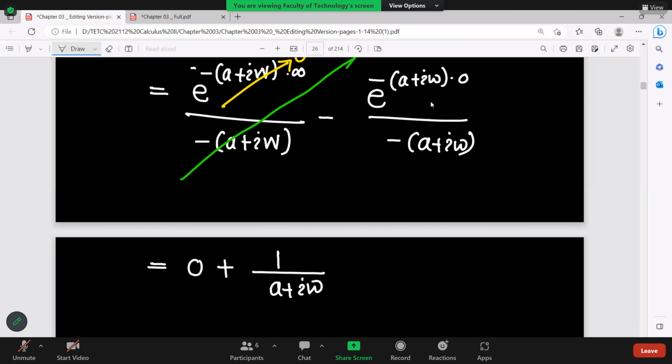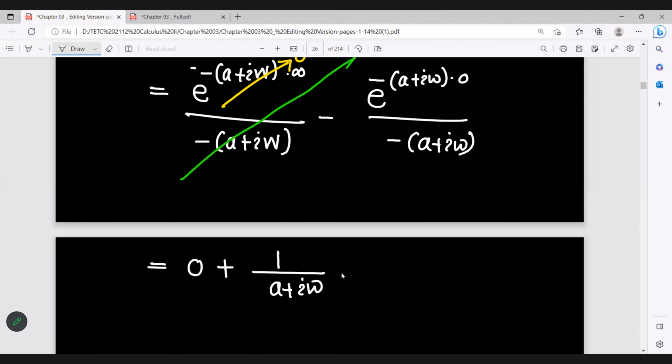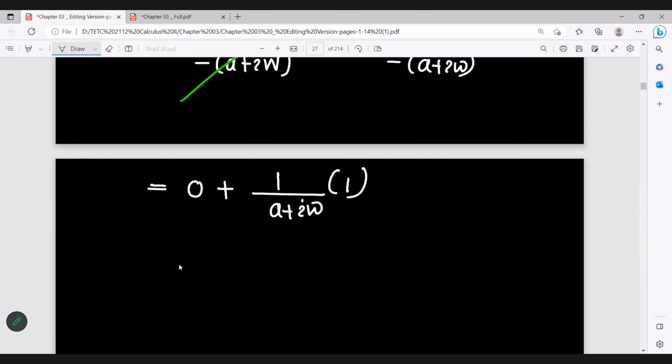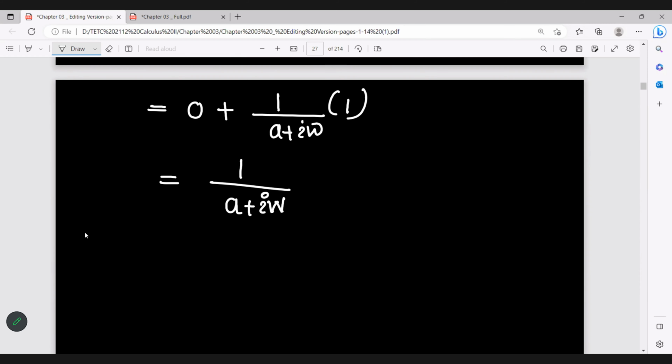And minus 1 over a plus i times 0. E to the power 0 is 1. So we will obtain the answer for the integration as 1 over a plus iw. But we are asked to find the Fourier transform of e to the power minus ax.